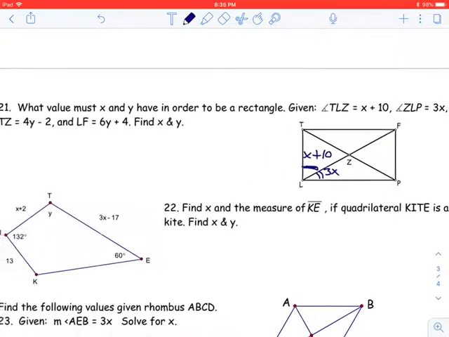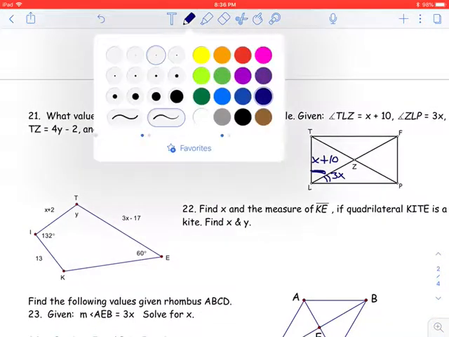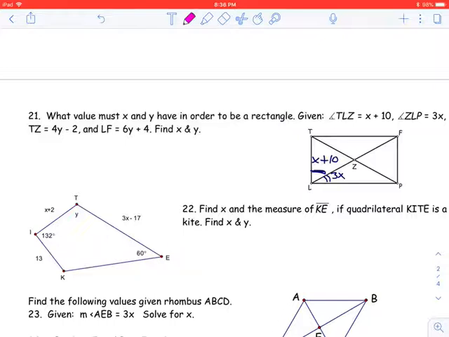TZ right here is 4y minus 2, and LF, the whole thing here, is 6y plus 4. Find x and y.